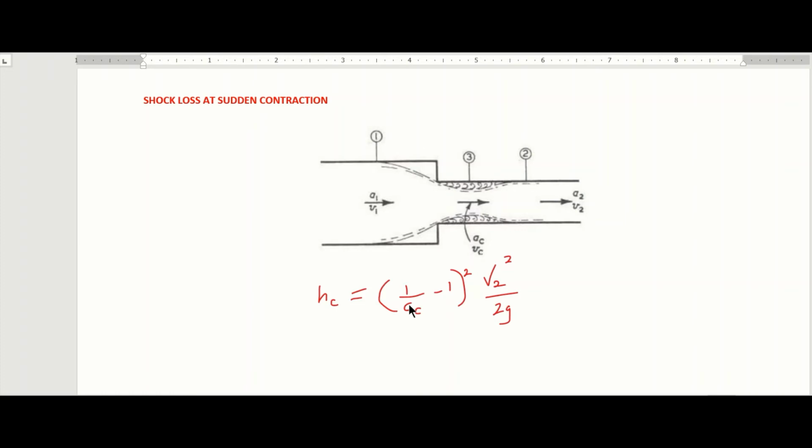Becomes 0.5. So therefore, our formula becomes HC equal to 0.5 V squared over 2g. That is when the pipe entrance from a reservoir is sharp. Okay, so we can use this formula to solve questions as it relates to shock loss at sudden contraction.